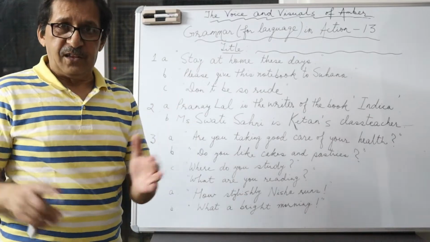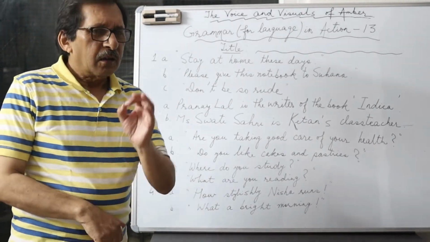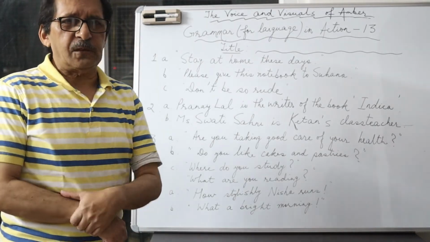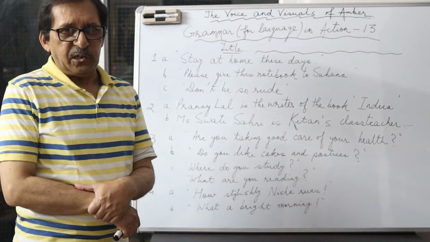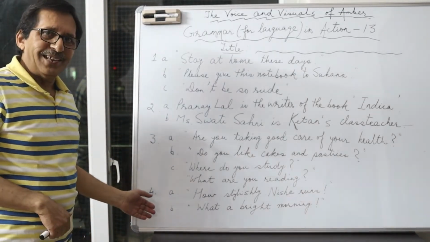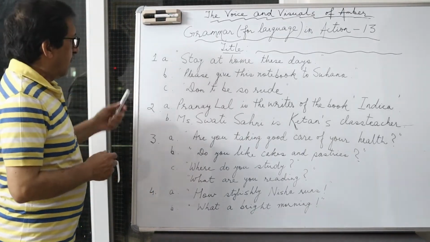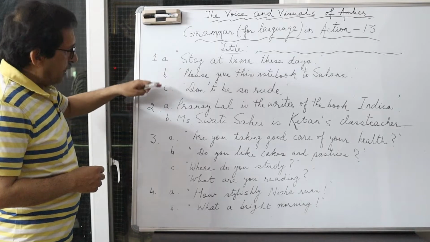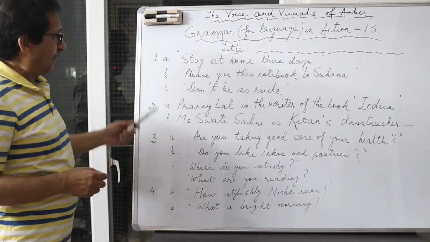So a sentence, therefore, is the accepted smallest single unit of language. Now we have so many sentences over here. Let's begin with sentence number A, and then under A we have 3 sentences.